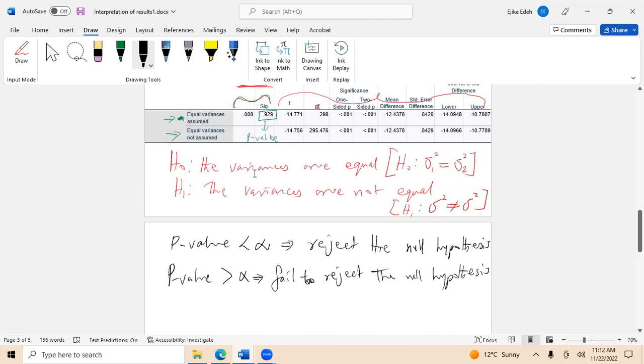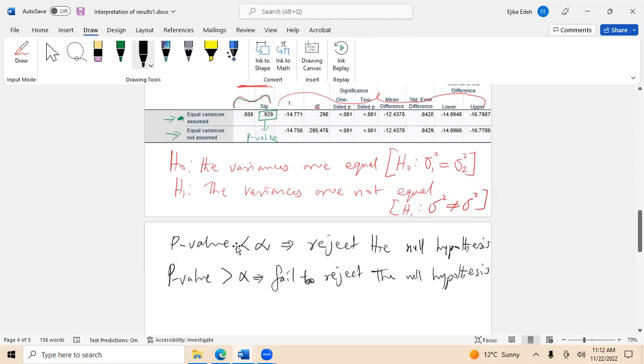The alternative for Levene's test is that the variances are not equal. So when you reject the null hypothesis, it means you are saying the variances are not equal. And if that is the case, then you're going to interpret line 2 of the data in your output.